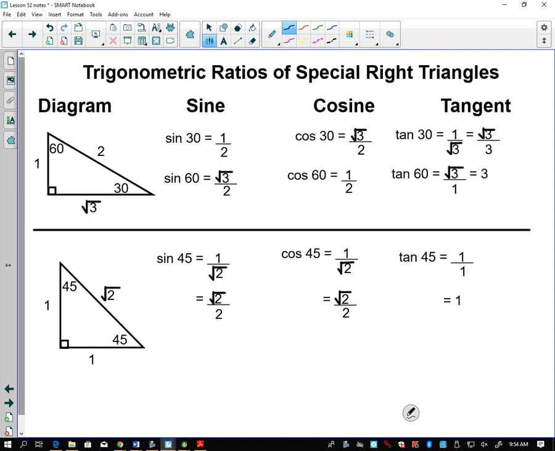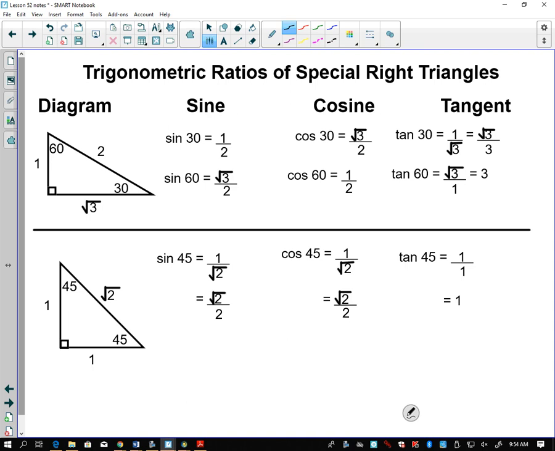So if we were trying to find the sine, which is opposite over hypotenuse, of our 30-degree angle, what's opposite of 30 is 1. What's hypotenuse here is 2. So the sine of 30 is 1/2. You follow me so far? Okay. The sine of 60, opposite over hypotenuse, is radical 3 over 2.